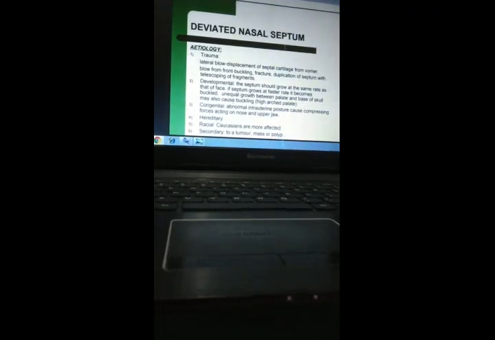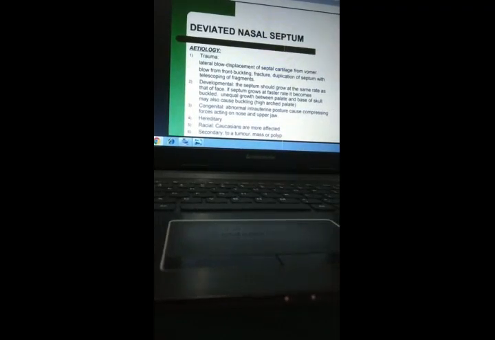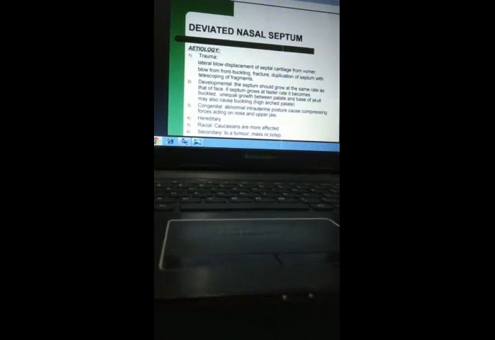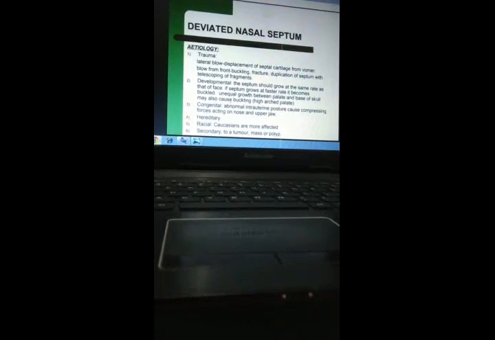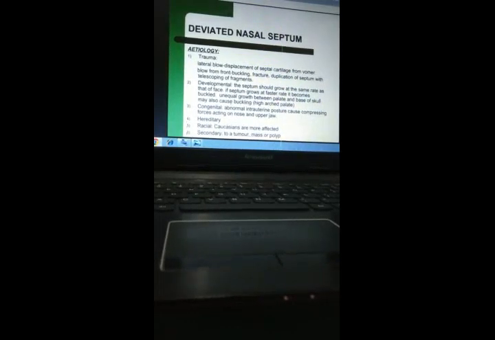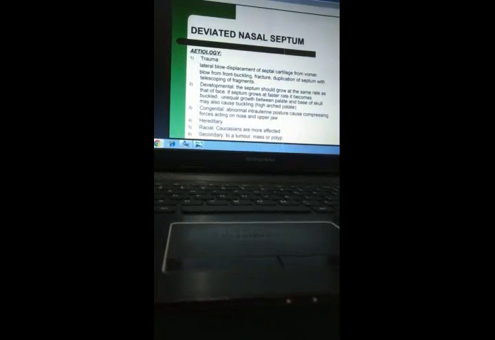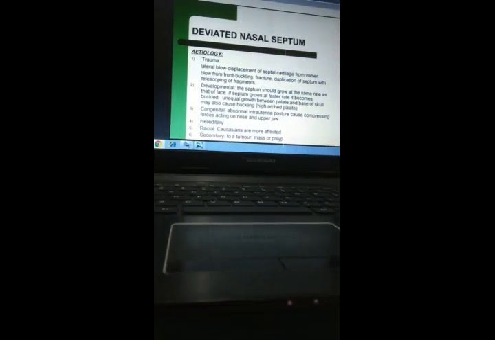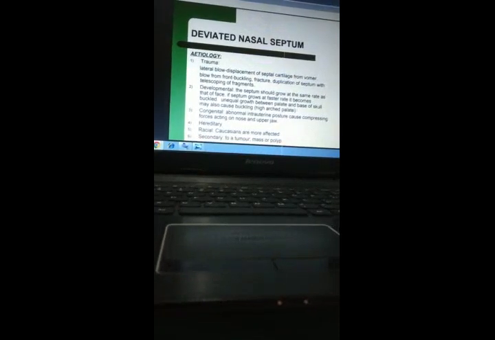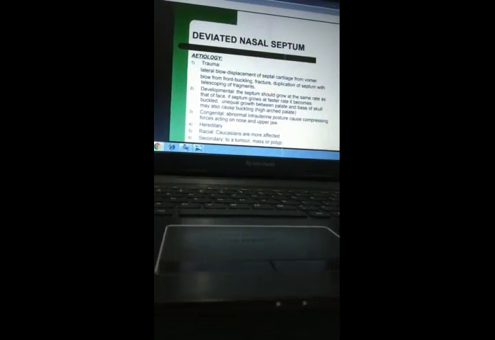Now third is congenital. This is the abnormal intrauterine posture causing compression force acting on the nose and upper jaw, as I have already said. Fourth is hereditary. Hereditary cause is not so much detected, but familial cause may be one of the factors.